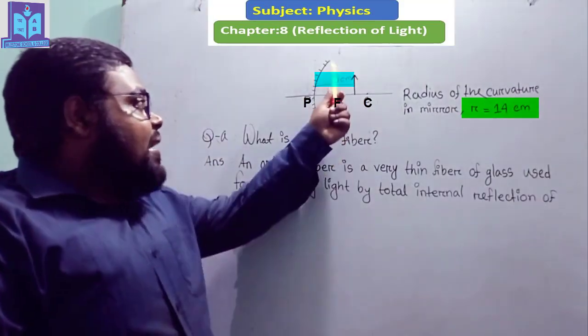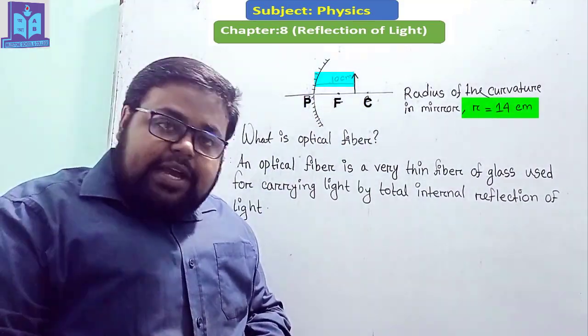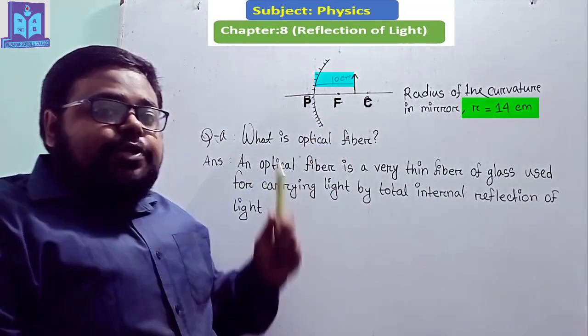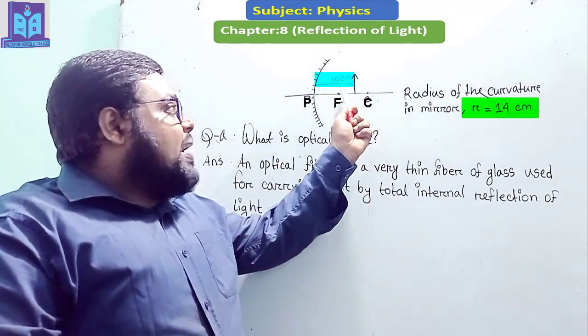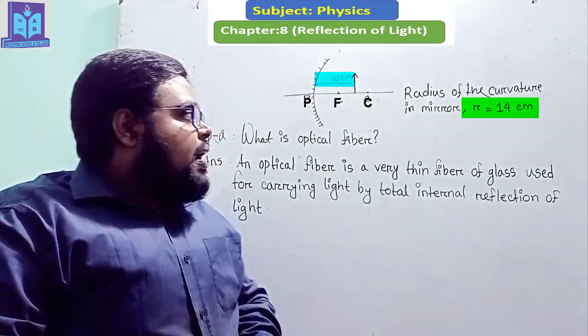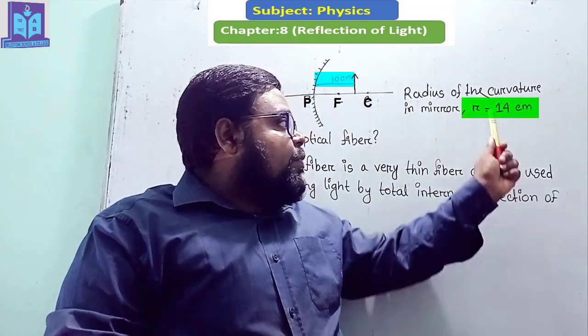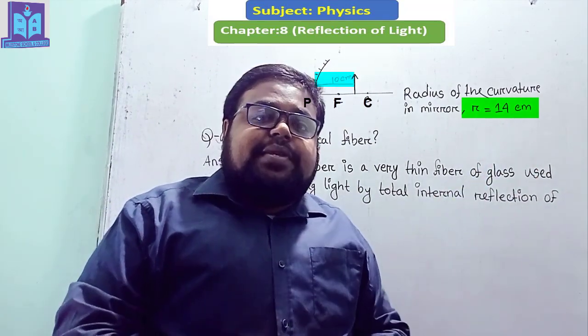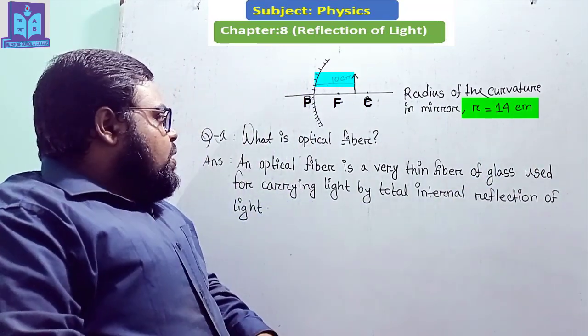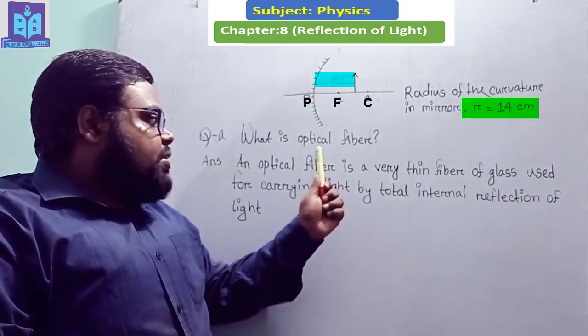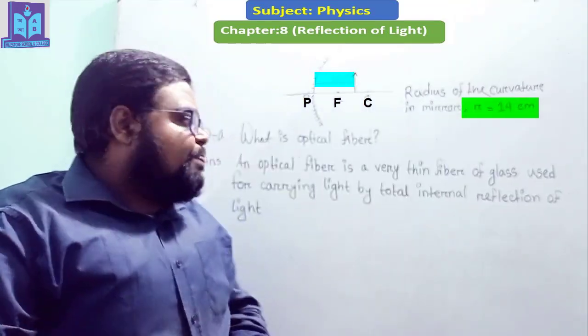Here you can see a concave mirror, and the object is situated in front of the mirror at 10 centimeter, and the radius of curvature of the mirror equals 14 centimeter. And our first question is, what is optical fiber?